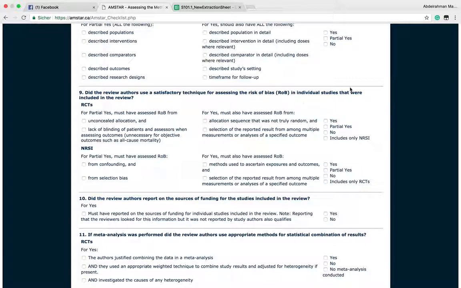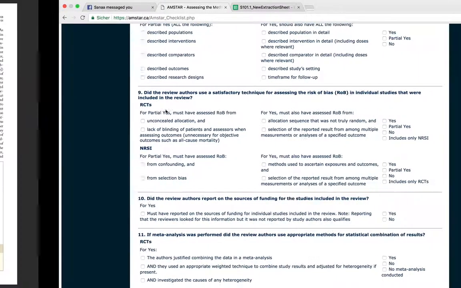So, the risk of bias. They only included RCTs. So, for RCTs, for partial yes, they had the unconcealed allocation and lack of blinding of patient assessors and so on. And for yes, allocation sequence, they were not truly random, and selection of the reported results from among multiple measurements or analyses of a specified outcome.